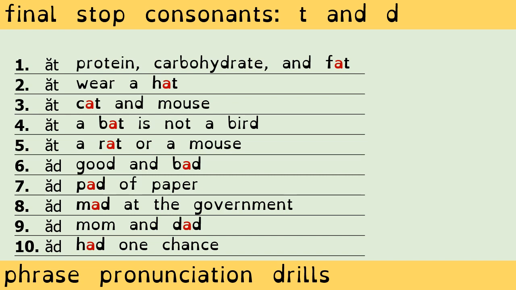At, a rat or a mouse. 6. Add, good and bad. 7. Add, pad of paper. 8. Add, mad at the government. 9. Add, mum and dad. 10. Add, had one chance.